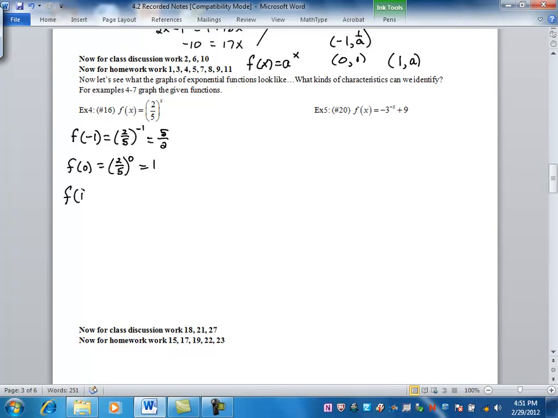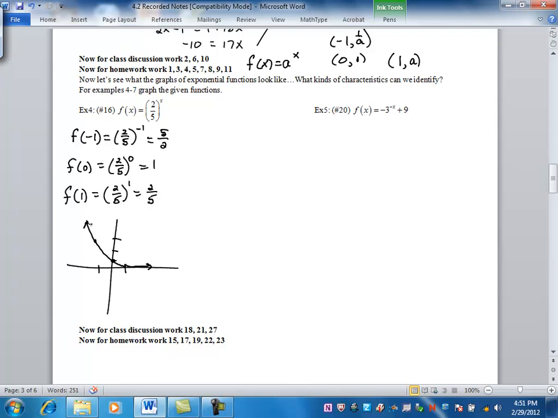And f of 1 equals 2/5 to the 1 power, or 2/5. And so we get ready to sketch this. Here we are at negative 1, we're up 2.5. At 0, we're at 1. And then when x is 1, we are at 2/5. So we get a graph that looks something like that.